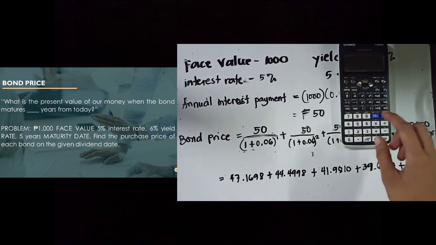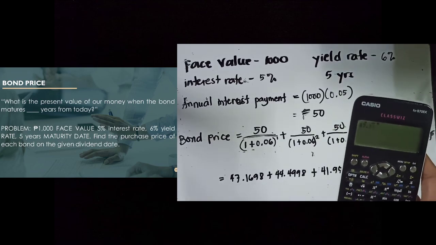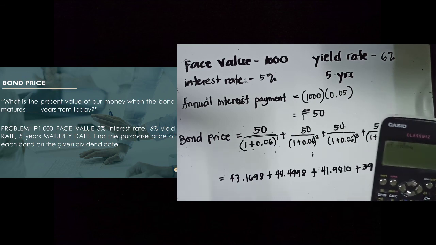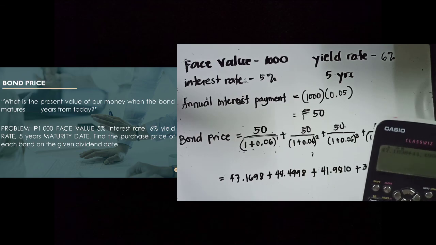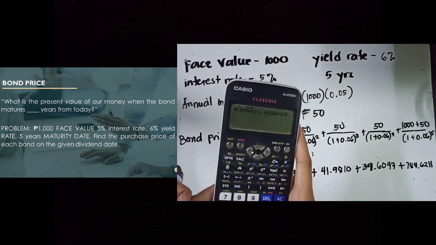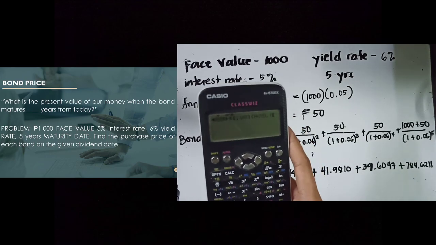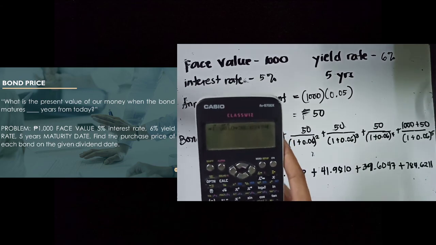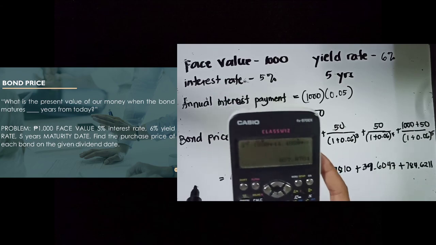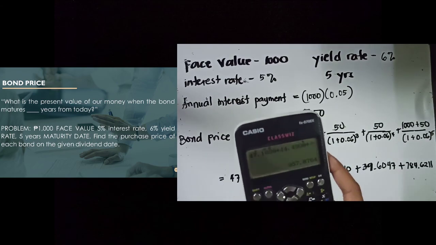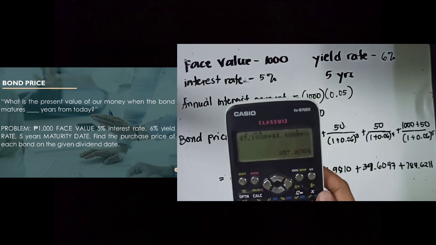Okay, so now, add lang po natin lahat. So, 47.1698 plus 44.4998 plus 41.9810 plus 39.6047 plus 784.6211. And that is equal to 957.8764.